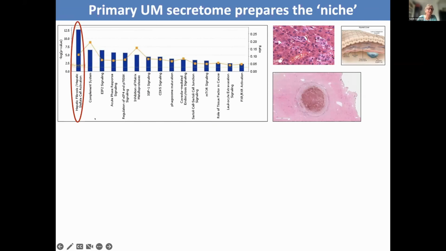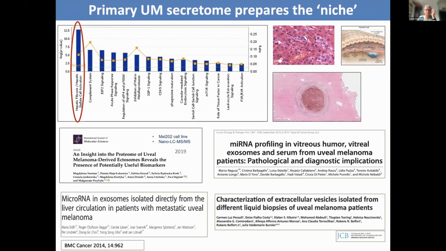And one consistent feature was this hepatic stellate cell activation factor, which we believe, and others have also validated, interacts with the hepatic stellate cells, which in turn lead to fibrosis, and this is part of the evolution of the uveal melanoma metastases.